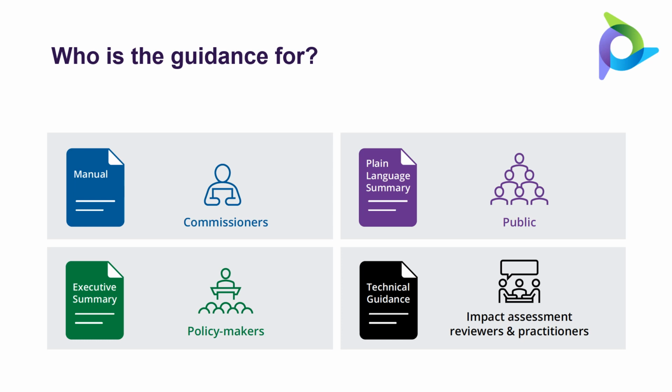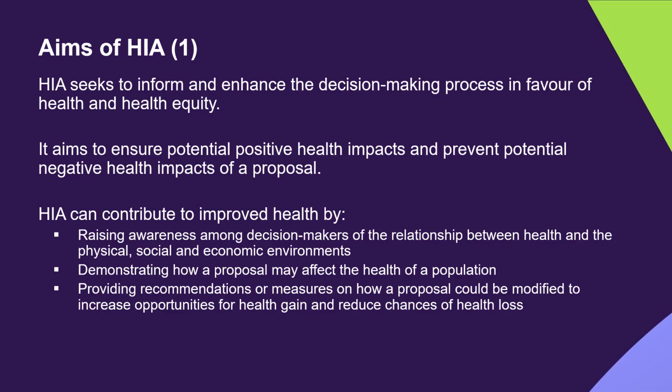The manual is for those who are commissioning, inviting tenders for, or procuring the delivery of health impact assessment. And the technical guidance has 2 primary audiences: practitioners undertaking standalone HIA or health in environmental assessments, and health stakeholders who are likely to have an interest or involvement in HIA, for example, public health teams.